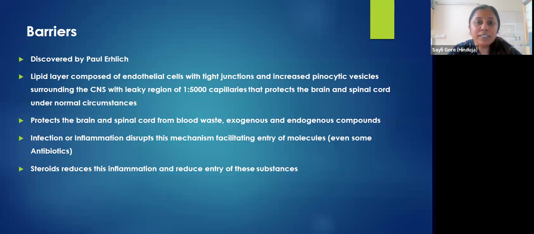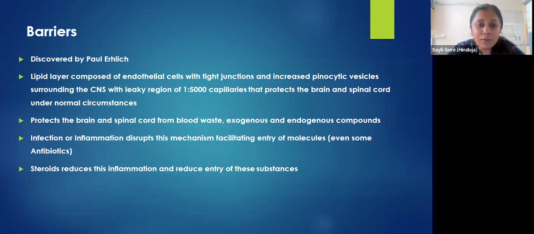And there are many capillaries, 1 to 5,000, protecting these barriers. The BBB and BCSFB are nothing but a protective mechanism for the brain from any endogenous substances or exogenous compounds or blood waste or even trauma. But one important thing is that any infection or inflammation disrupts this mechanism, and therefore it facilitates entry of pathogens into the brain, and that's how you get the infection.